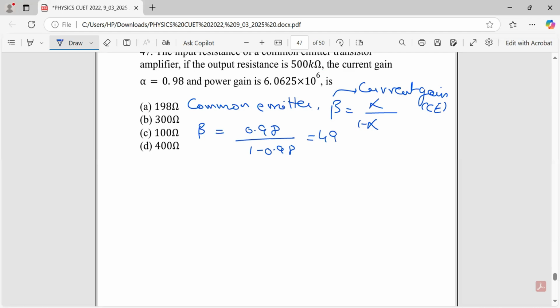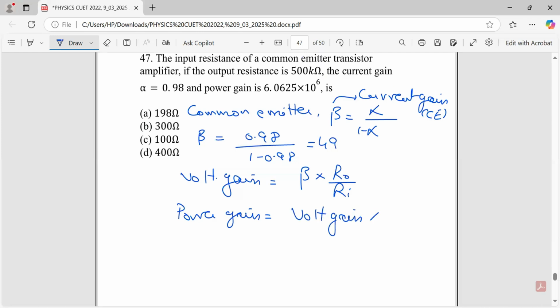Then we have the formula for voltage gain, that is equal to beta into output resistance upon input resistance, and the power gain is equal to voltage gain into current gain. So we have all the values with us. The power gain is 6.0625 into 10 to the power 6.